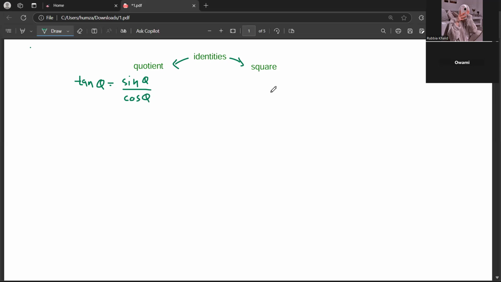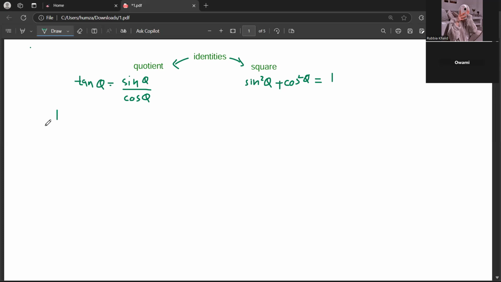And we have the square identity, which is your sin squared theta plus cos squared theta, which is equal to 1. So tan theta, which is a quotient identity, equals sine theta over cos theta.